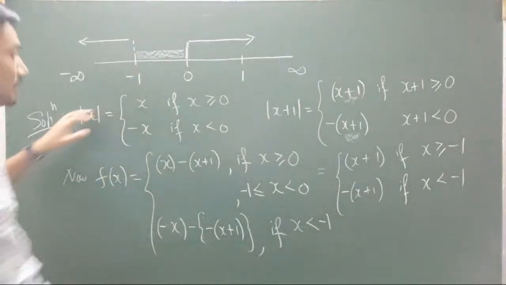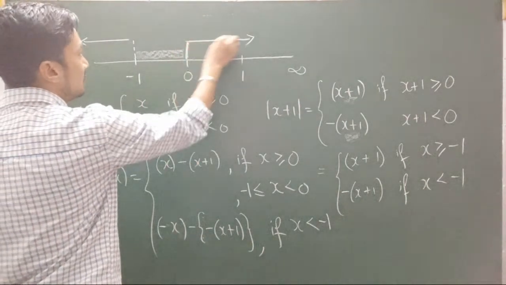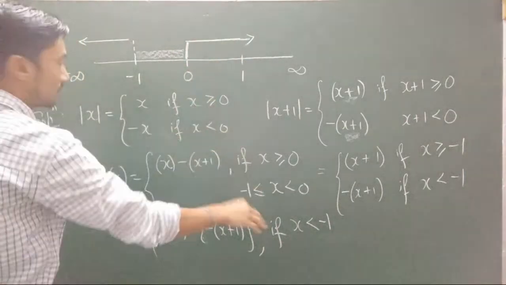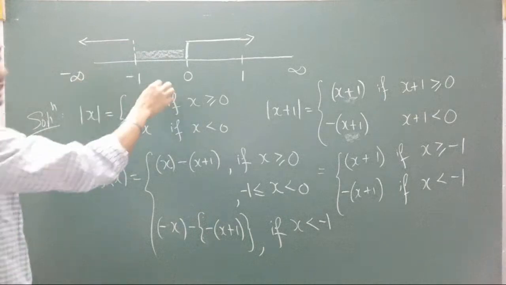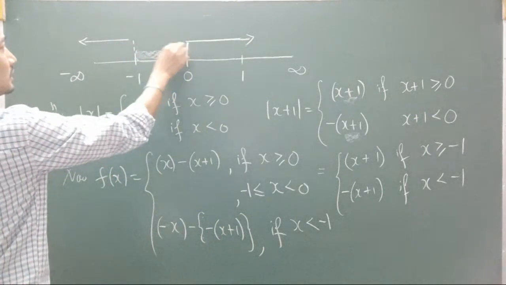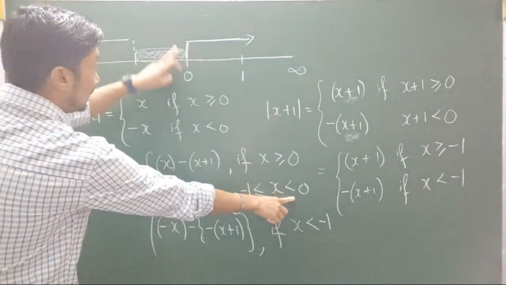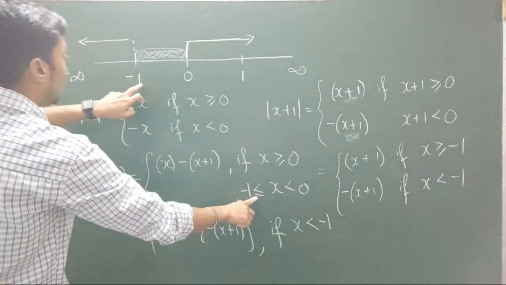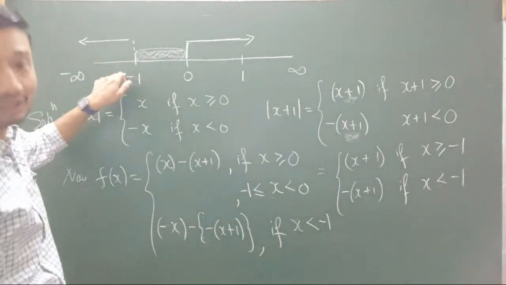Once again I'm repeating: this is greater than or equal to 0. This is strictly less than minus 1, minus 1 not included. So this interval is skipped, and we are going to include it. X is strictly less than 0, not including 0, but greater than or equal to minus 1, including minus 1, because it was not included.